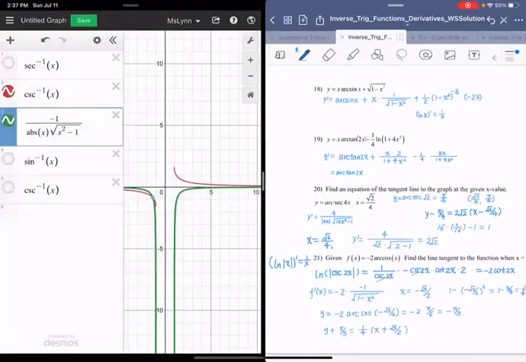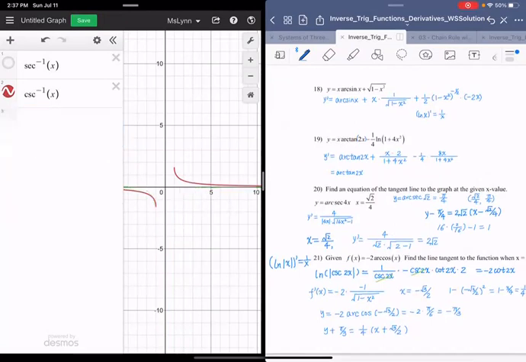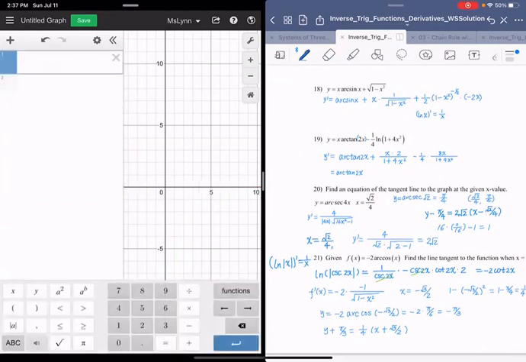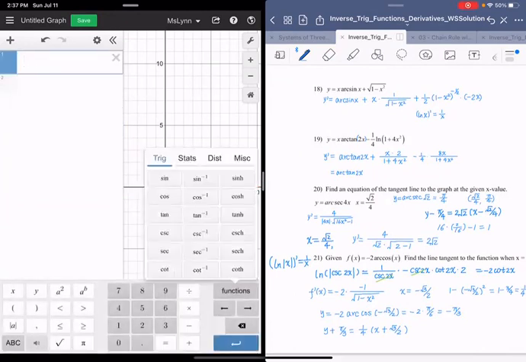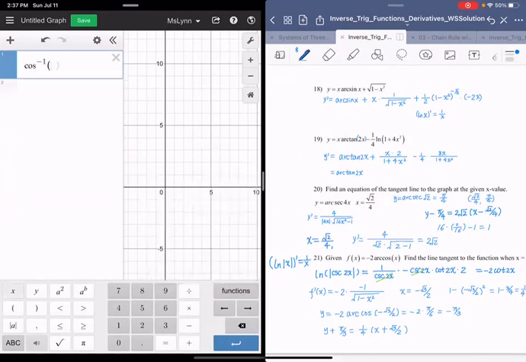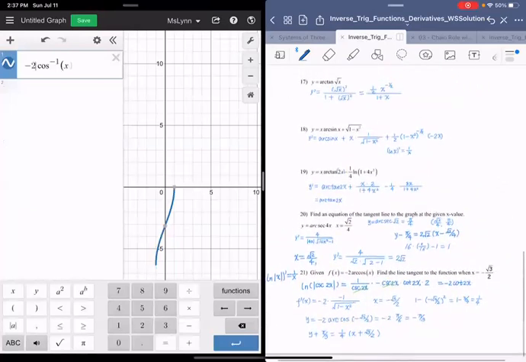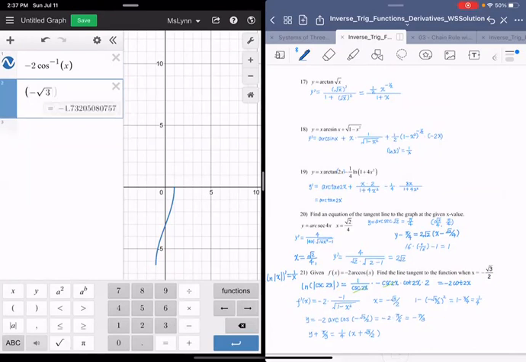So the physical meaning of this is this, okay? Your y equals arc cosine x, and in front you have a -2. This is your original function. And you have a point at negative square root 3 over 2.